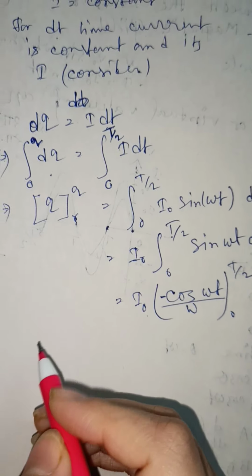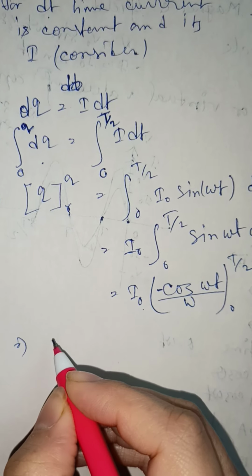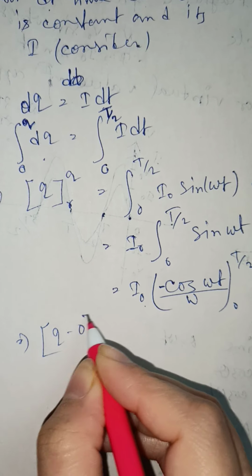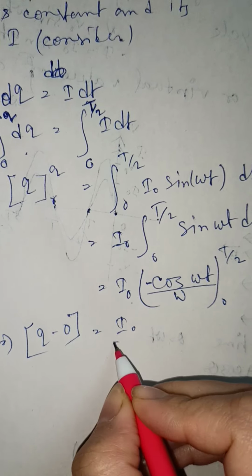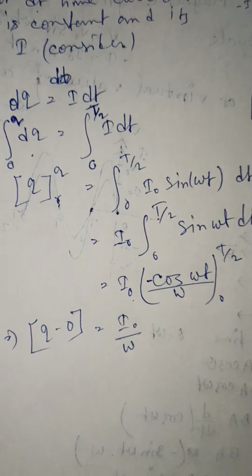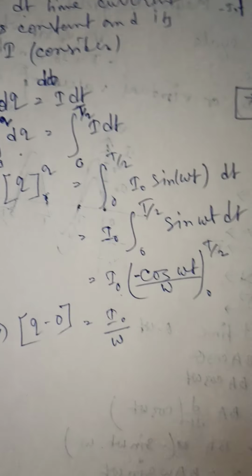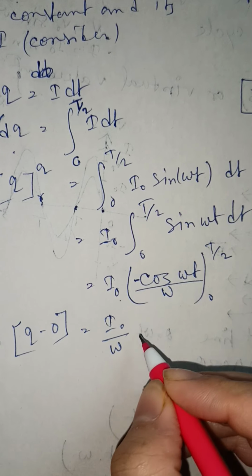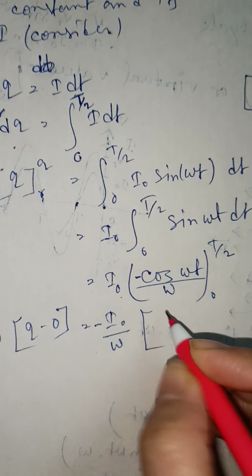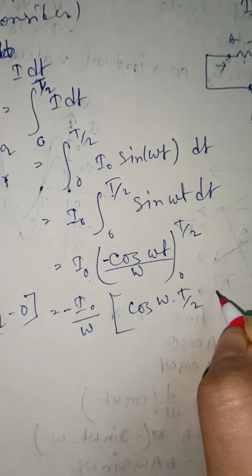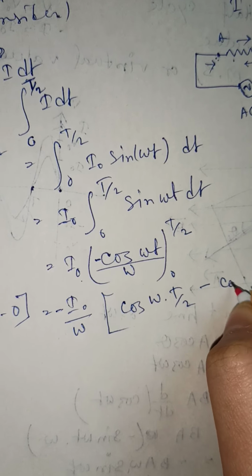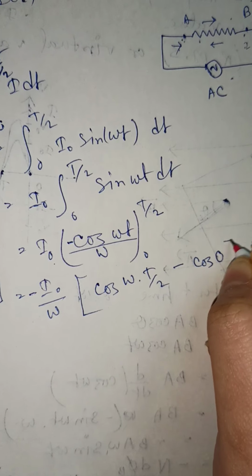Now along this side, q minus 0, if we put the limit, equals I naught by omega into minus cos omega into T by 2 minus cos 0, right?